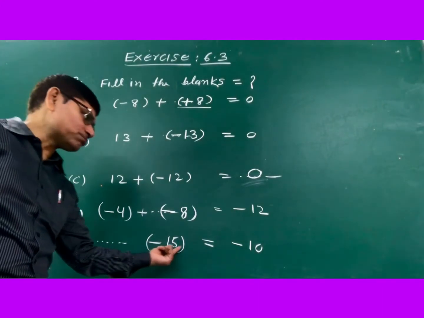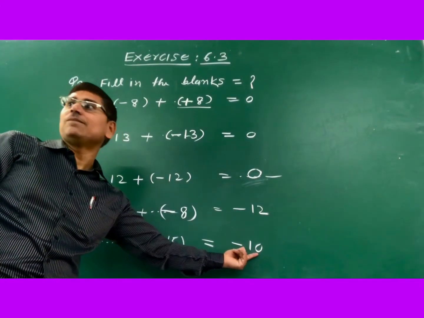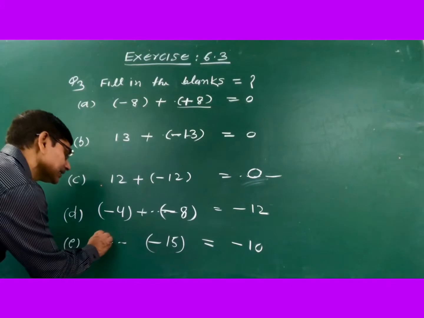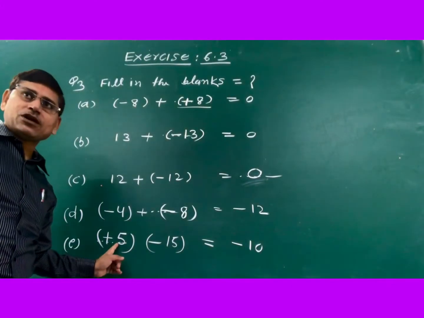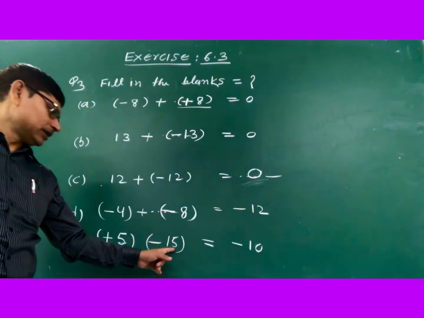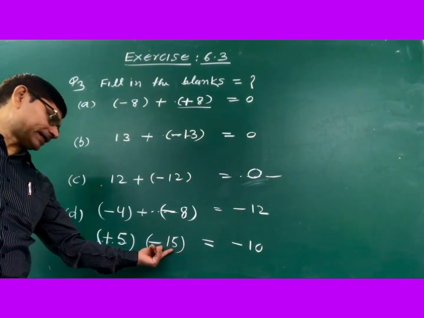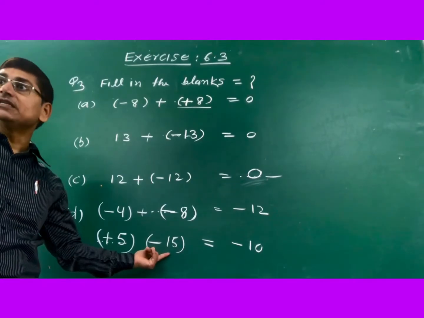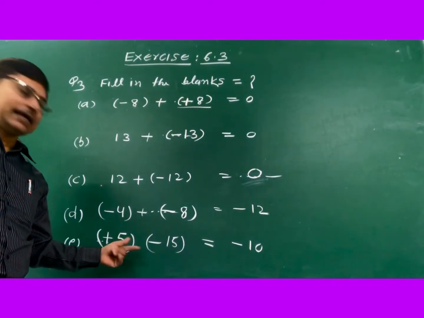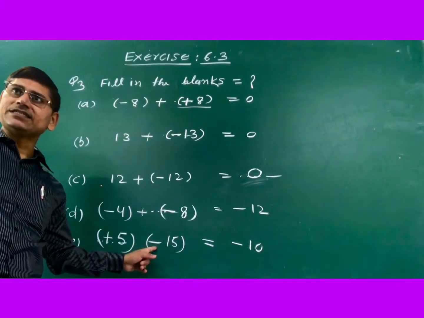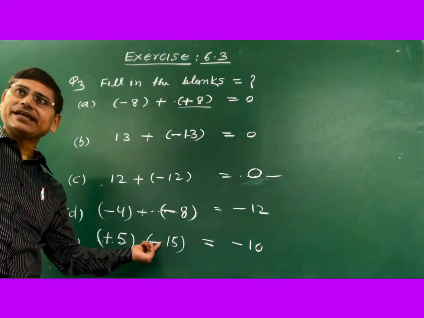And here is -15 and here is -12. इसका आंसर correct answer. This is +5, पॉजिटिव, because this is positive and this is negative. And here, if you subtract, negative and positive means you will subtract each other. So 15 minus 5, 10, and 15 is the largest integer and has the negative sign.